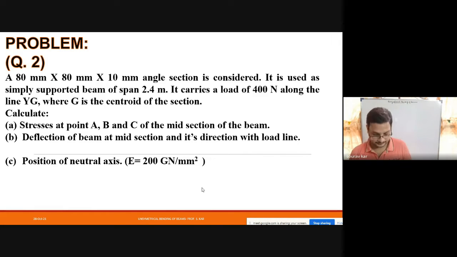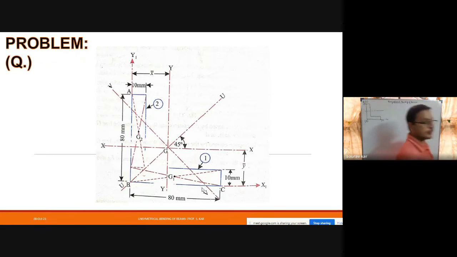Next, I will forward to the diagram. Done, sir? Done? Okay. Now I'm sharing the diagram. So this is the diagram.